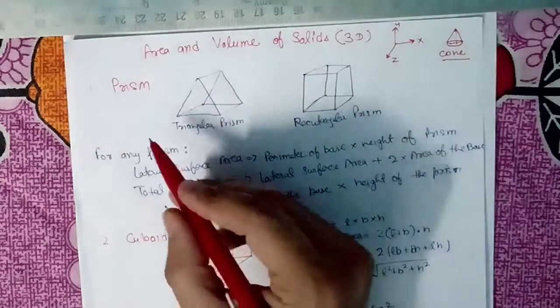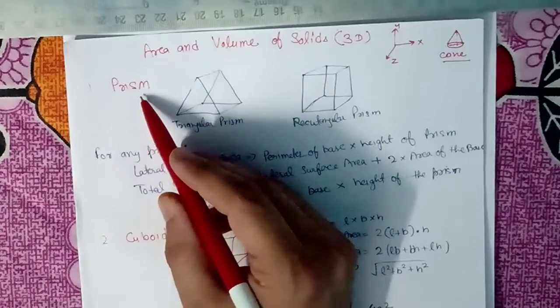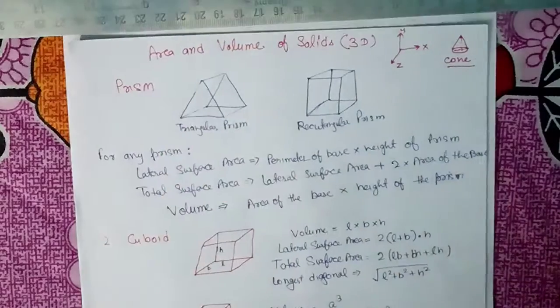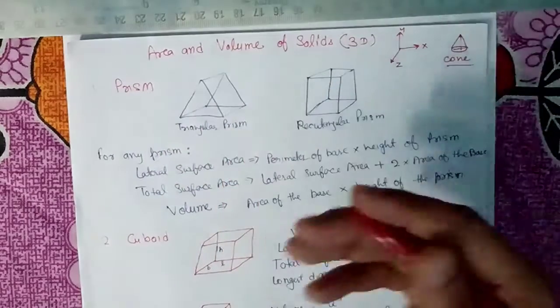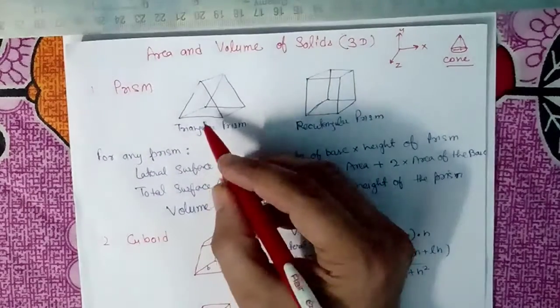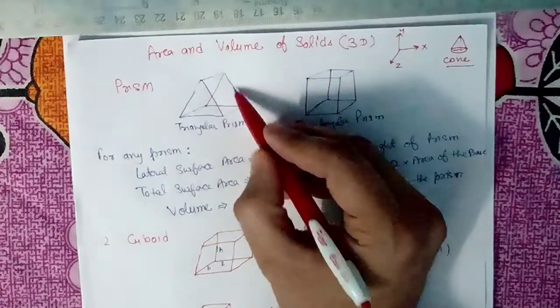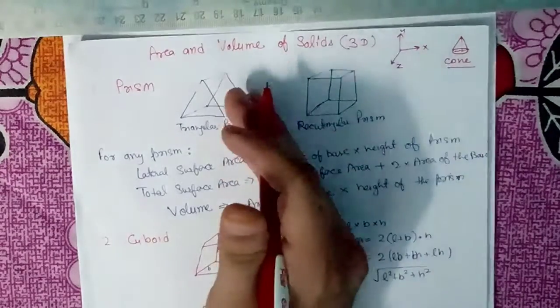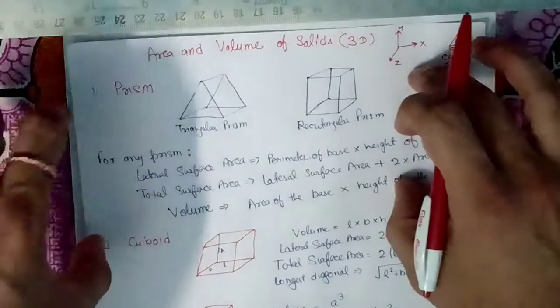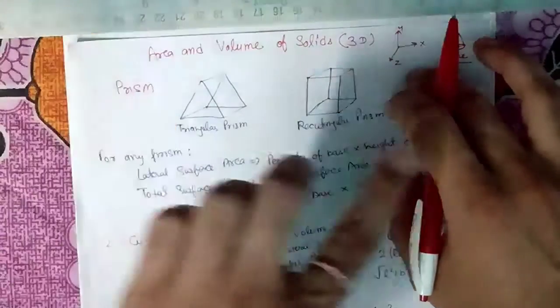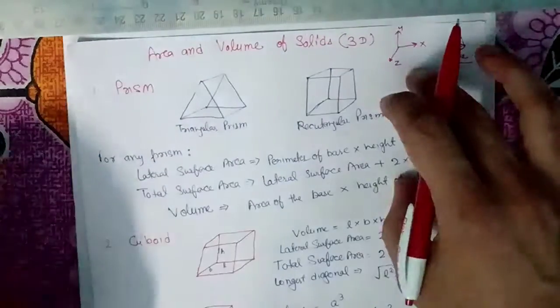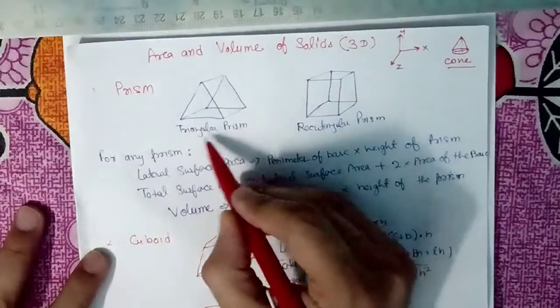So we have with us the very first, the prism. A prism is basically a structure having a uniform cross section. If this is a triangle, and this is a triangle, till here it is making a uniform cross section. So this is a triangular prism.